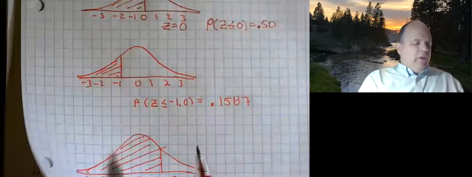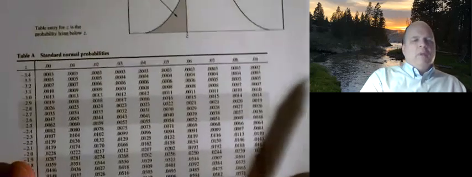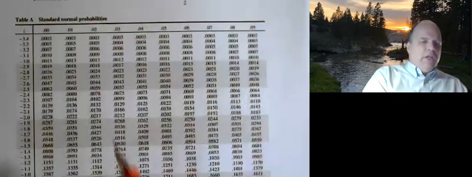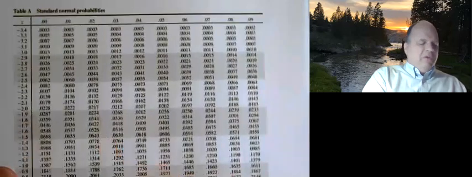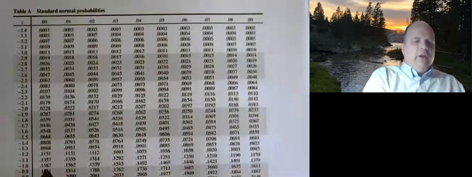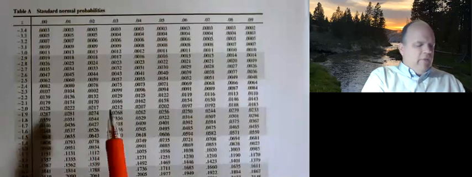All right, so I go to the table, and since it's a negative z-score, I need the negative table. And looking at the negative table, it's really nice for the ones that are 2 digits because it's just written on the outside column. So we have -1.0, and there it is, 0.1587. So that would be my solution for that first one, 0.1587.